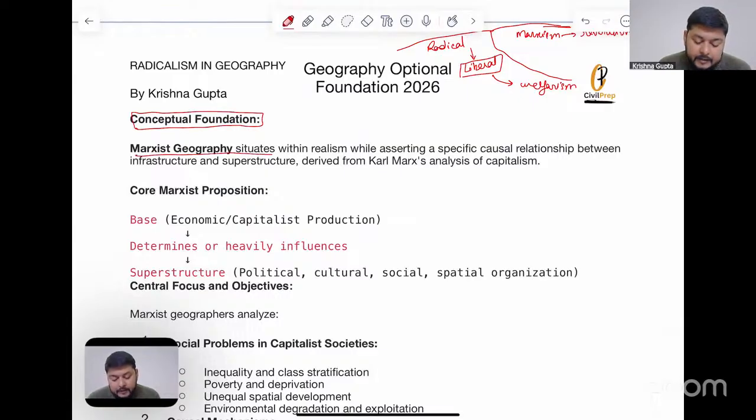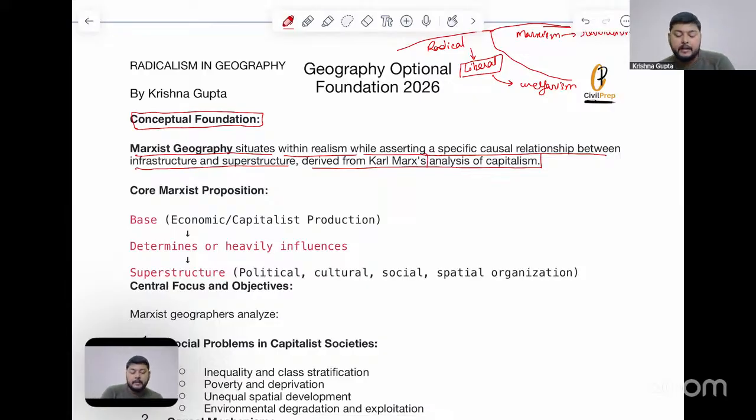Marxist geography situates within realism while asserting a specific causal relationship between infrastructure and superstructure, derived from Karl Marx's analysis of capitalism. The analysis of capitalism is one of the works done by Marx. So it is inclined to realism, but also there is a relationship of infrastructure and superstructure in understanding Marxist philosophy and Marxist geography.